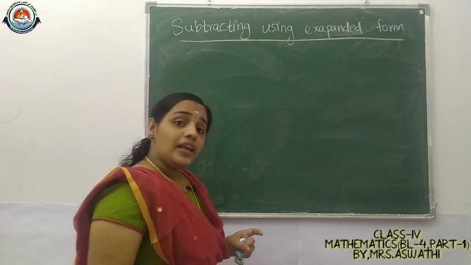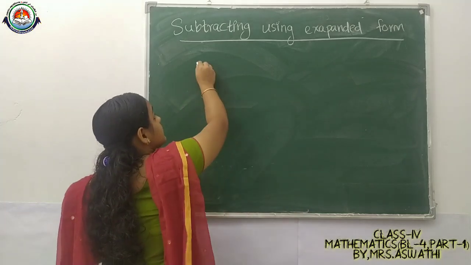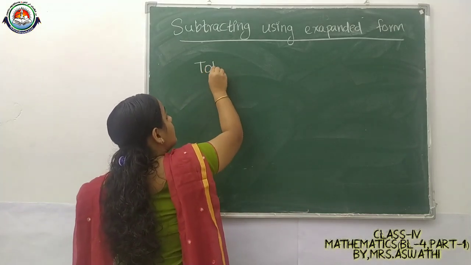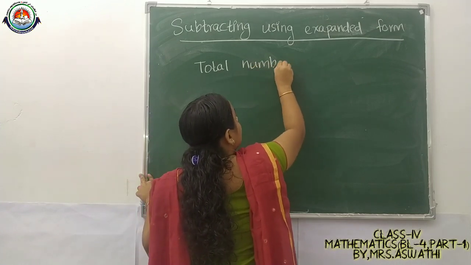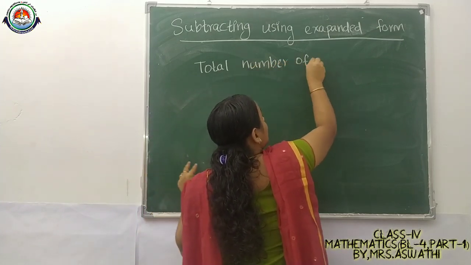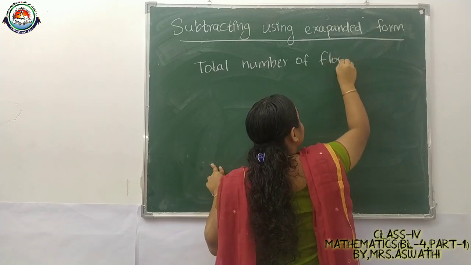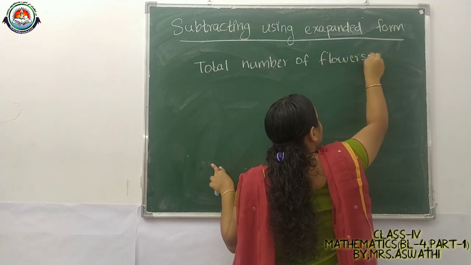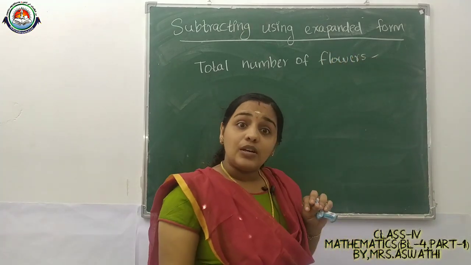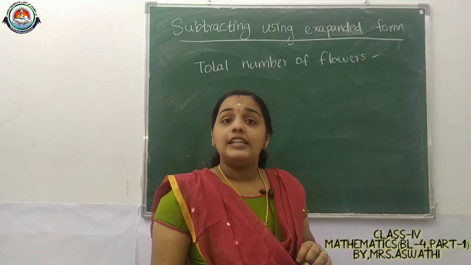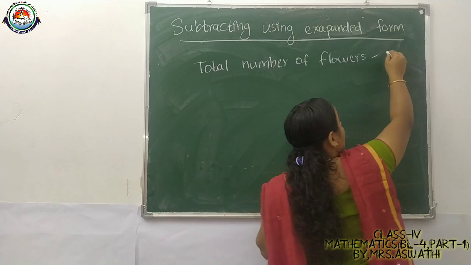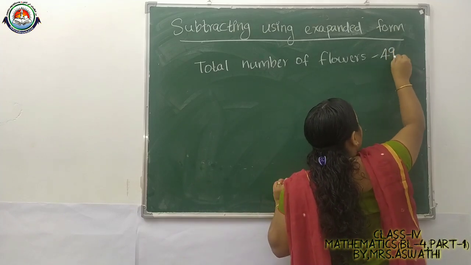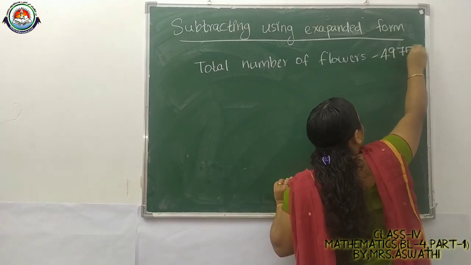So, in my garden, there is a total of 4,975 flowers. How many flowers in total? 4,975 flowers.